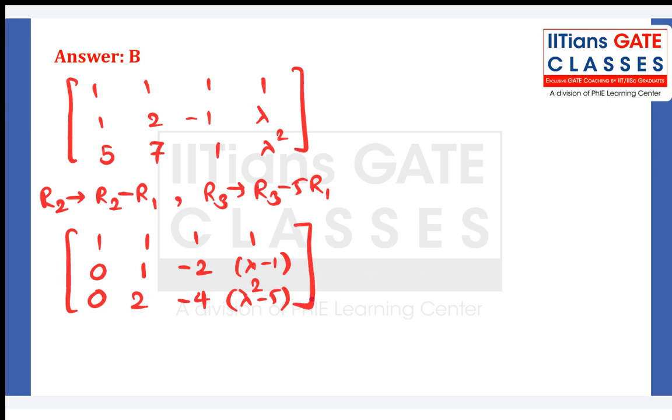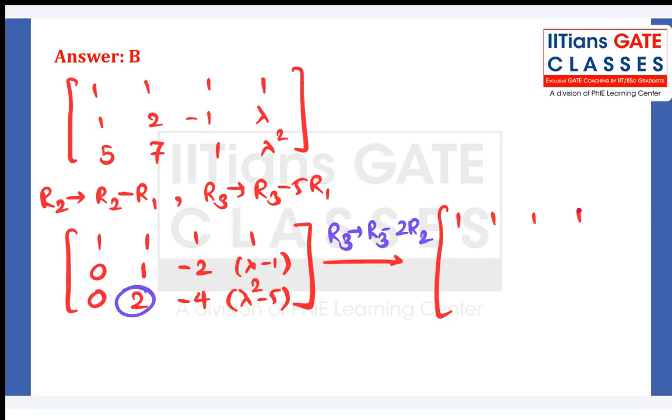Then maybe I'll do it here itself so that the space will be reduced. Now your objective is to make this element 0 because we want it to be an upper triangular matrix. So you can do one simple transformation: subtract 2 R2 from it. The first row remains as it is, 1, 1, 1, all ones.